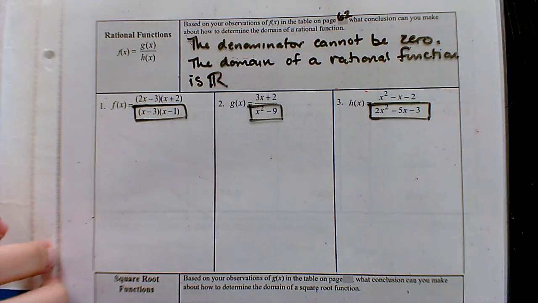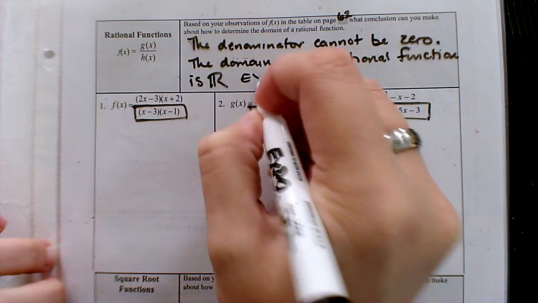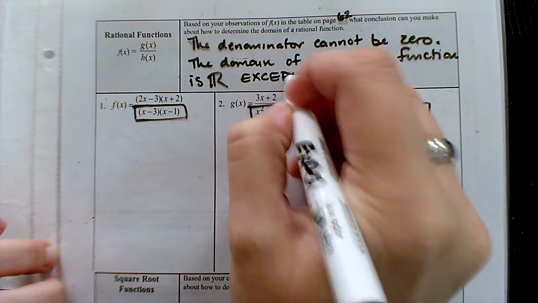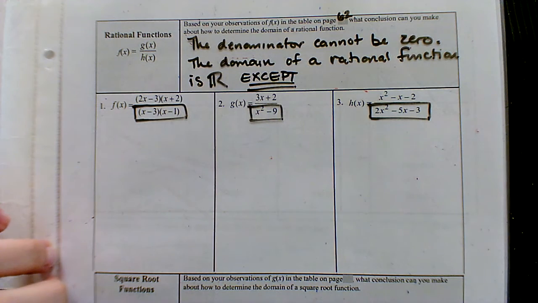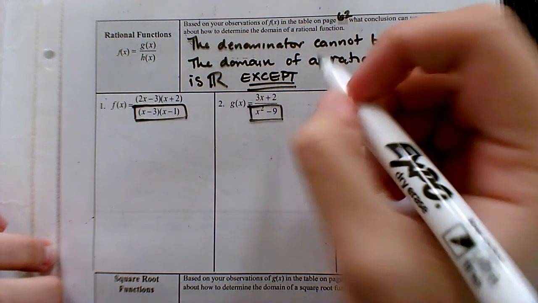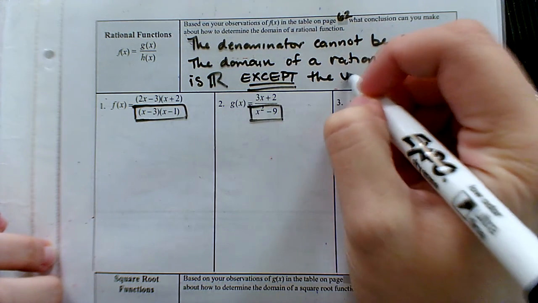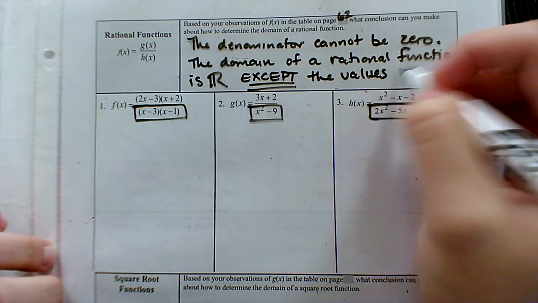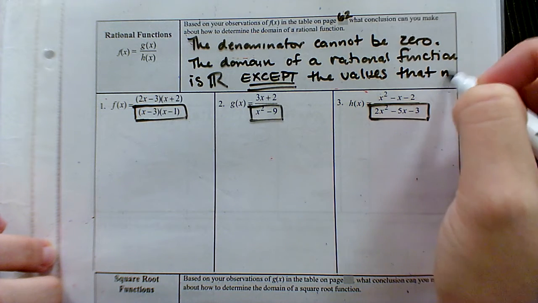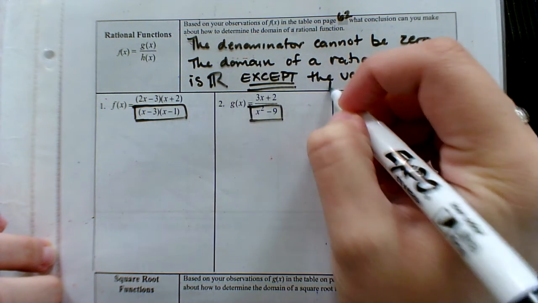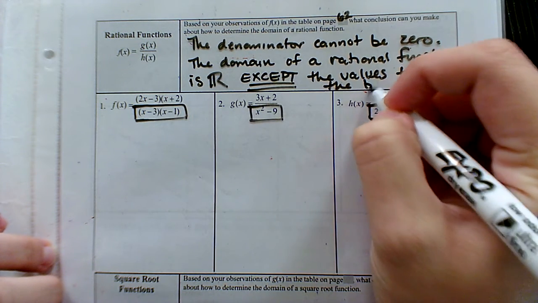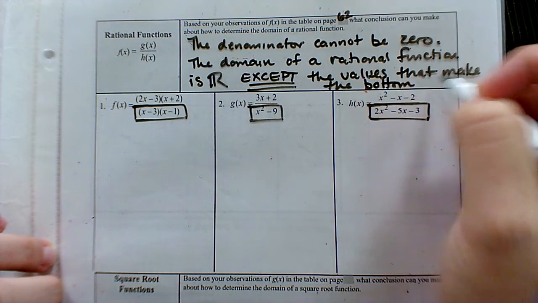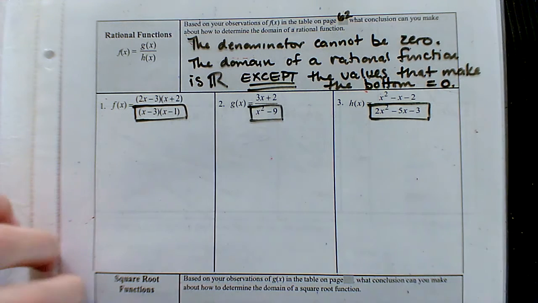So the domain of a rational function is all real numbers except, we have some exceptions, except the values that make the bottom equal to 0.